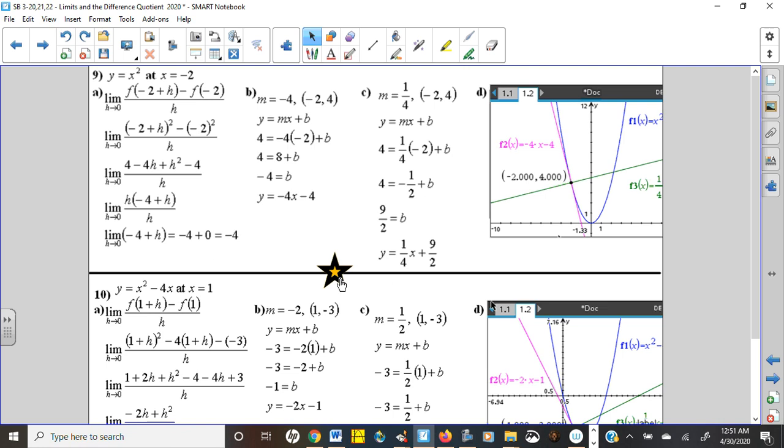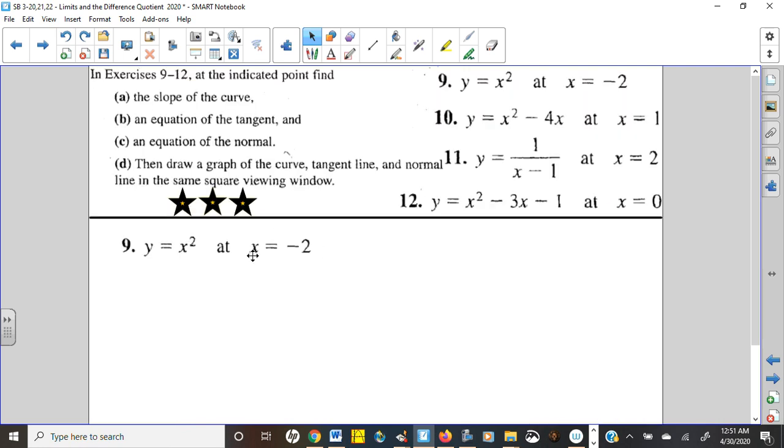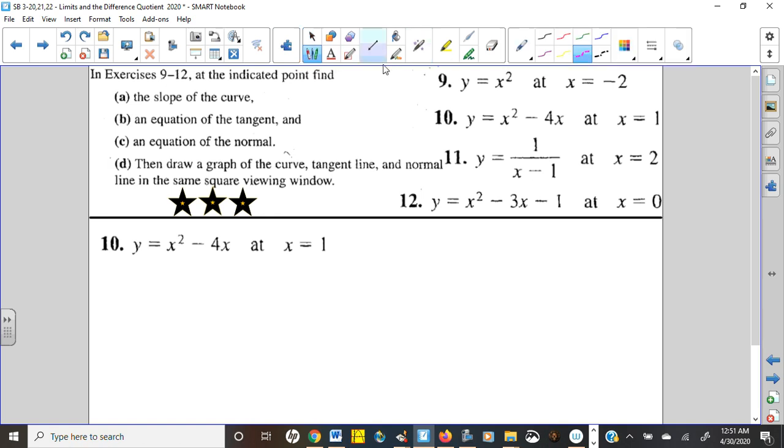Let's do number 10, which was very similar, but with just an extra term in the polynomial. We're going to do this one at x equals 1. If you guys think about this stuff before you jump in, that would make me so happy, because that's what this whole course is supposed to be about, right? Analyzing mathematics.